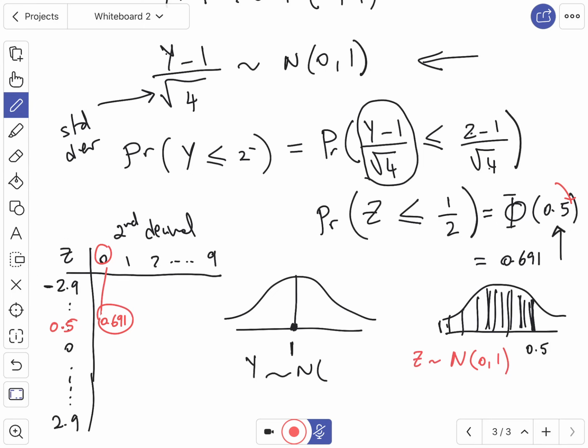It has a normal distribution of 1, 4. So what we did is we standardized it. We created a standardized version of Y that has normal 0, 1, and we were able to use the table on the back of your textbook.